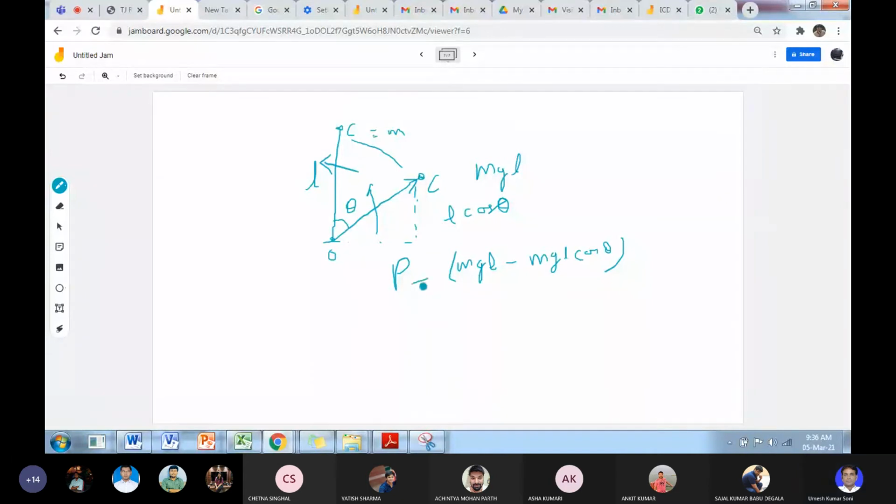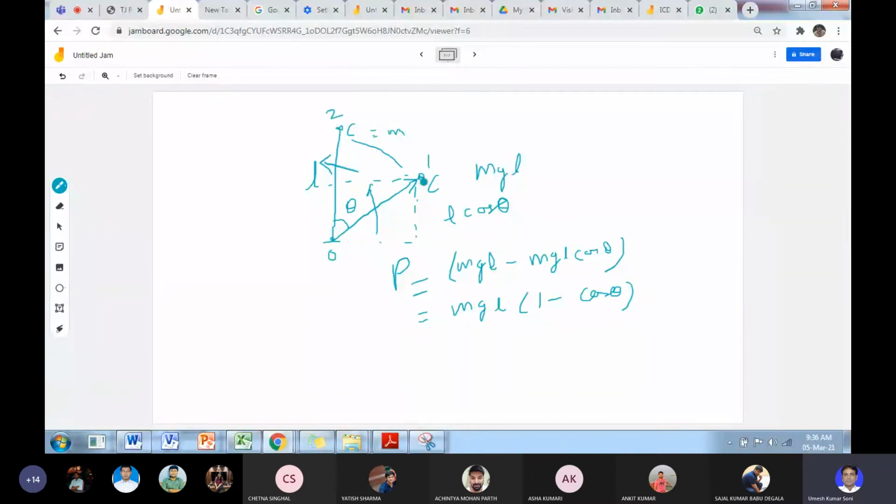Okay, so this is mgL(1 minus cos theta). Clear? Suppose the previous condition is this and the second condition is this.